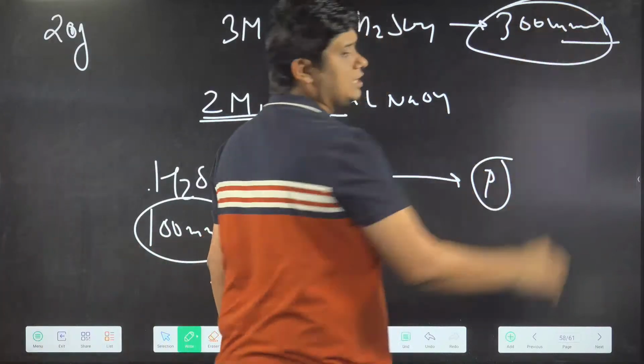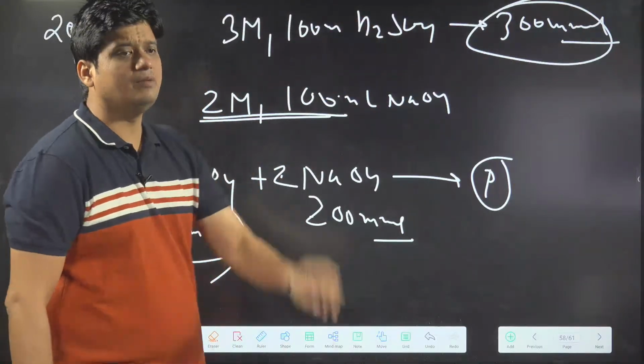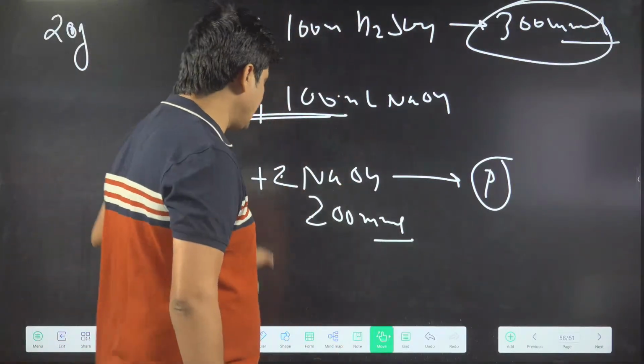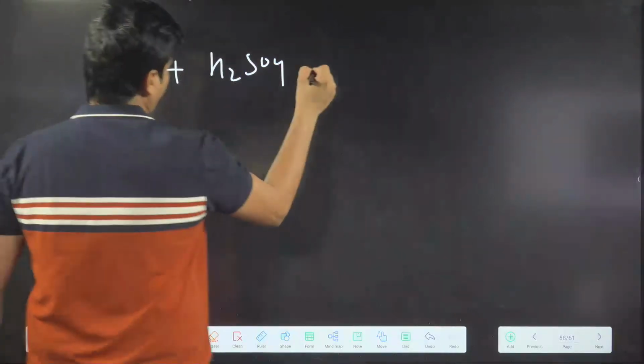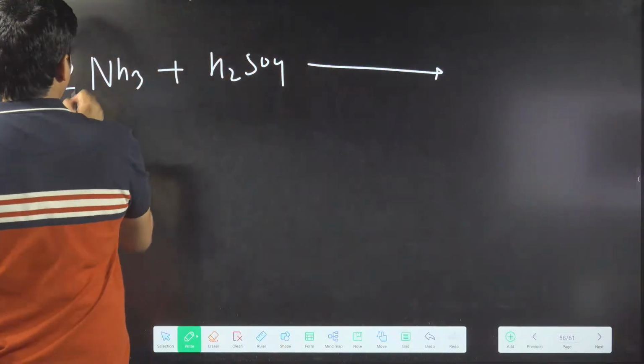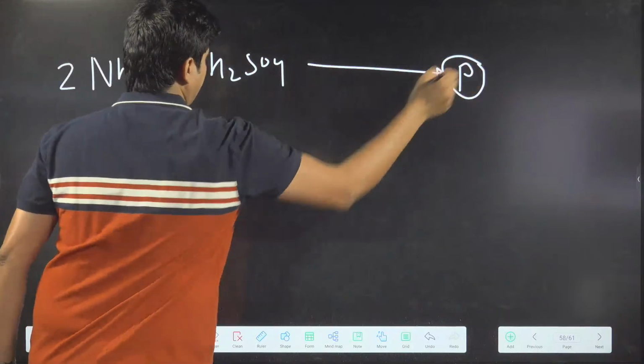300 was given, so how much is reacting with ammonia? 300 minus 100 means 200. 200 is reacting with ammonia. After this, we write the balanced reaction: NH3 plus H2SO4, it is 2:1, product ammonium sulfate.